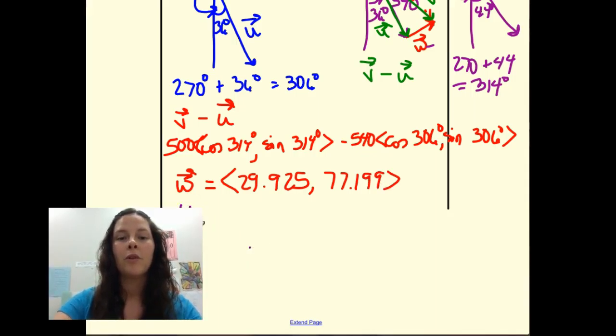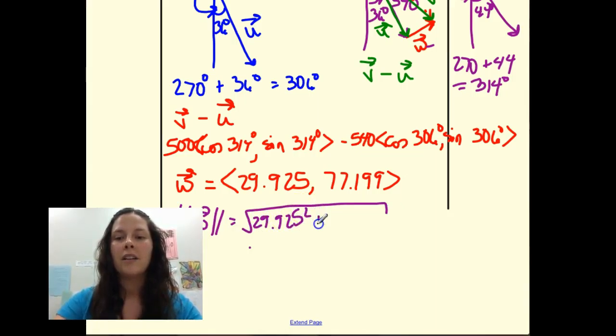Once we have our component form, we can find the magnitude by using our distance formula. That'll be the square root of 29.925 squared plus 77.199 squared, which gives us an approximate magnitude of 82.796.